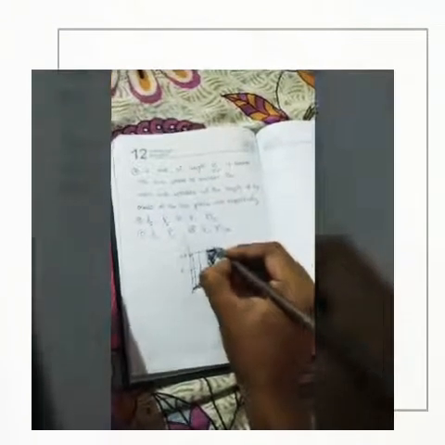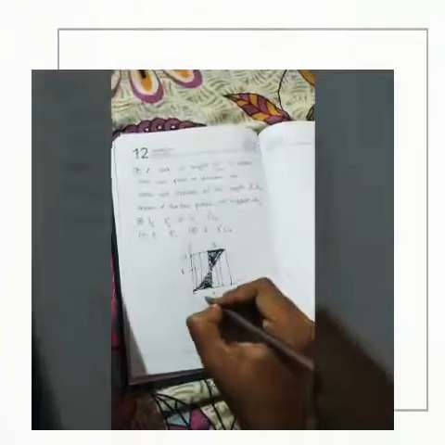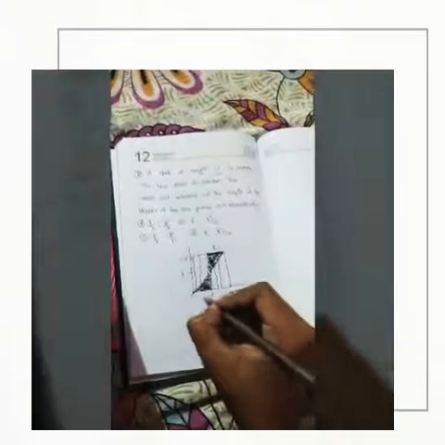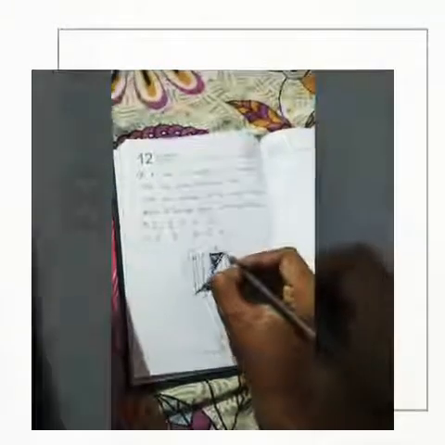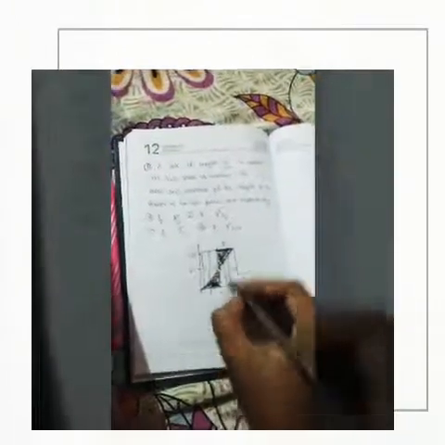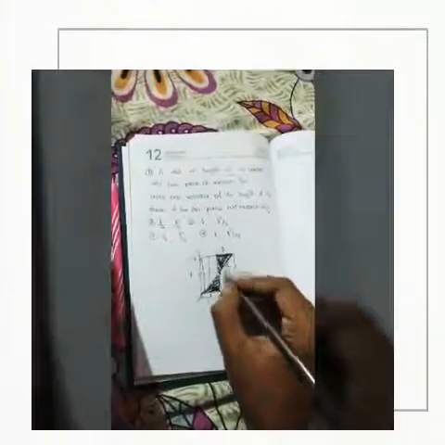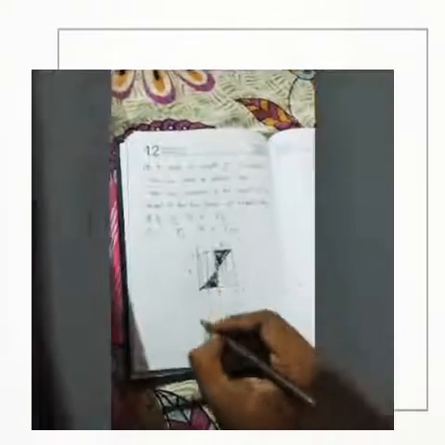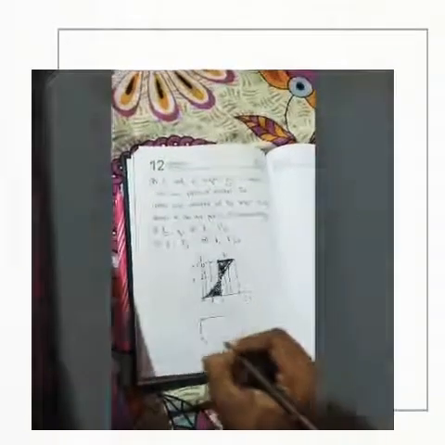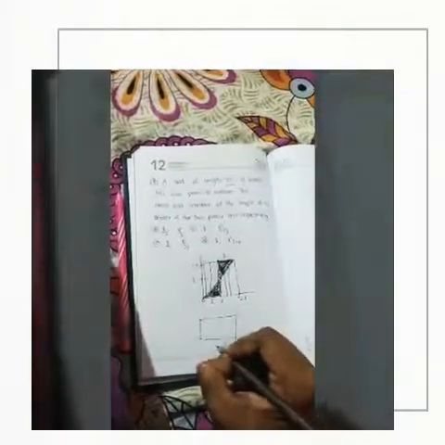Its base is L and here also the base is L minus 0, that is L, and here L minus L, which is also equal to L. So when we join these two triangles, we get a square of length L.